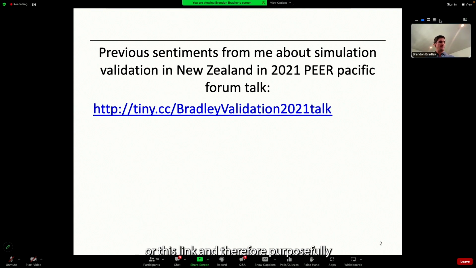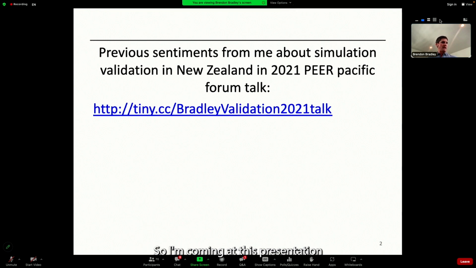Therefore, I purposefully chose to deviate slightly from largely repeating some of the same sentiments and talk more about the use of simulations and how we should think about the use case in terms of validation and acceptance criteria, and the development of simulated ground motion databases.